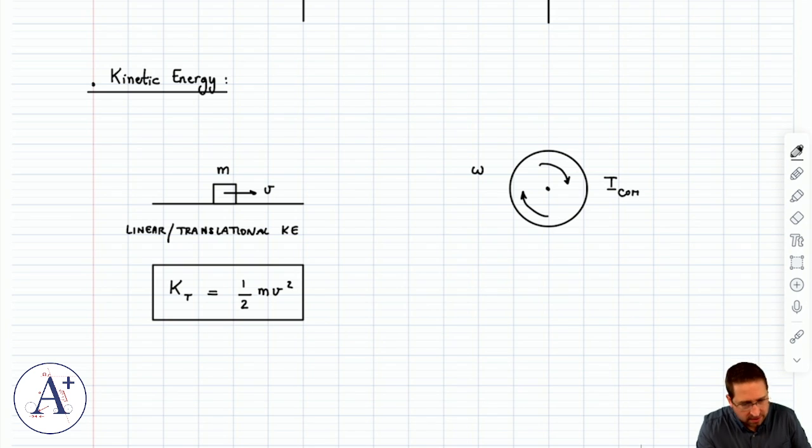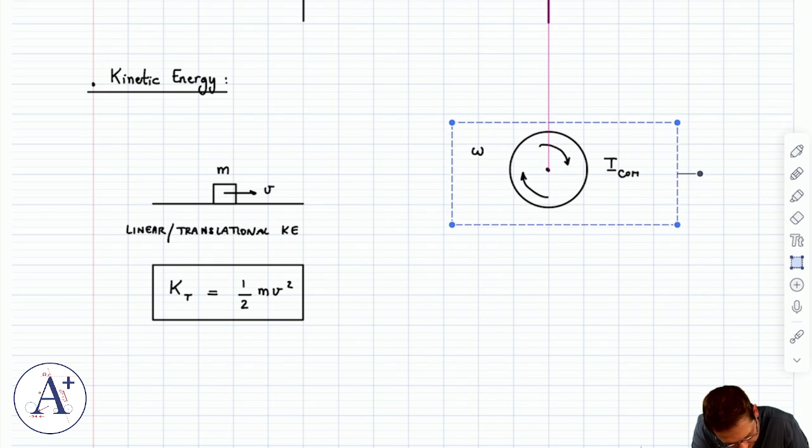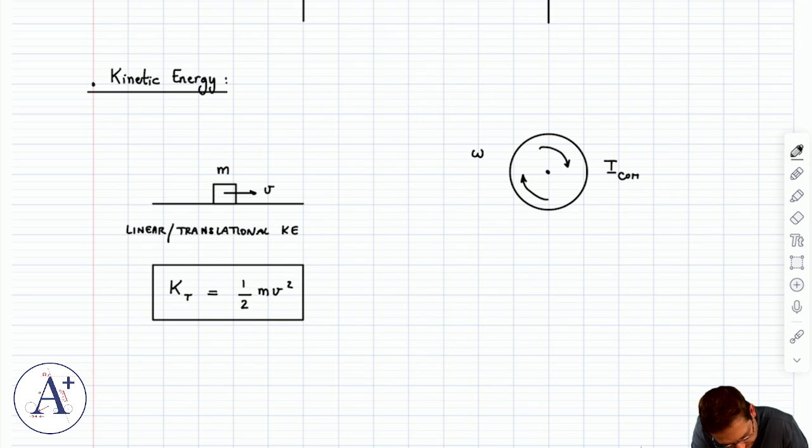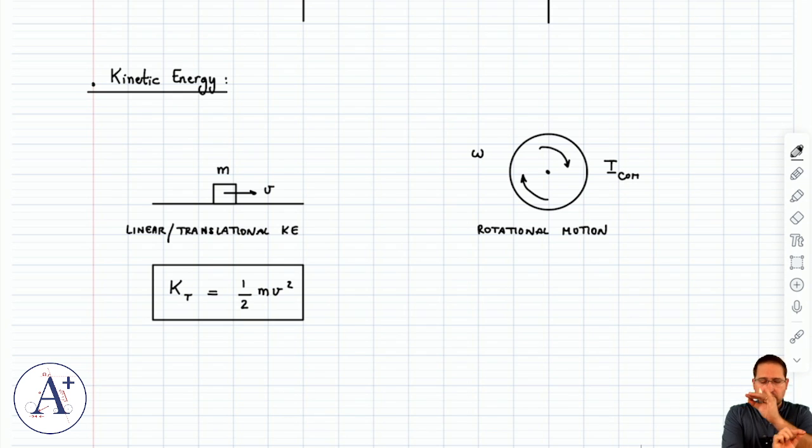And omega is the angular speed at which it rotates, okay? Well, this is a different type of motion, right? This is rotational motion, and it's very separate from linear motion. Here, all the points of the cylinder spin about the center of mass.